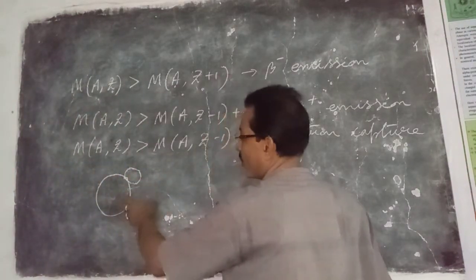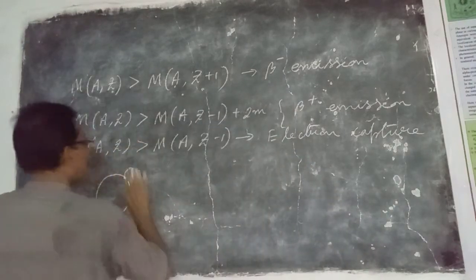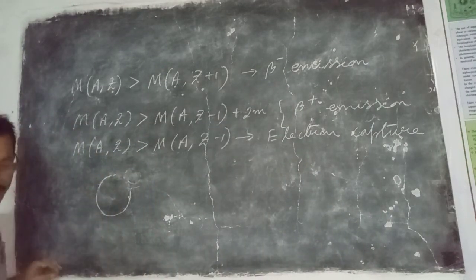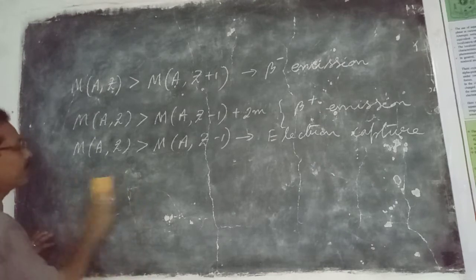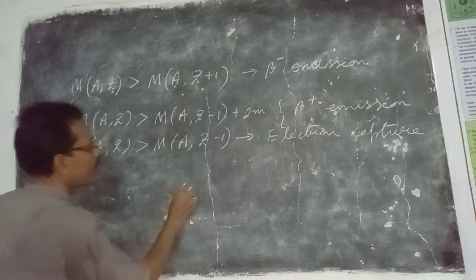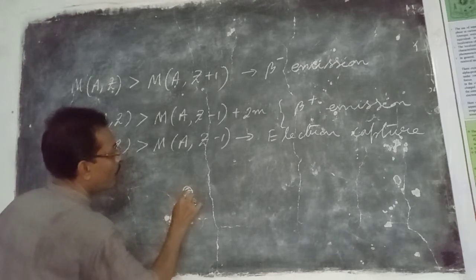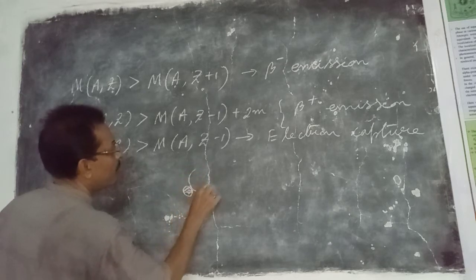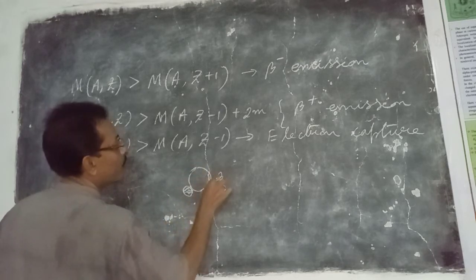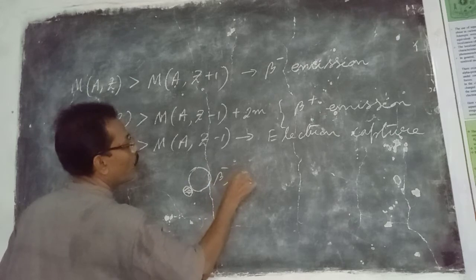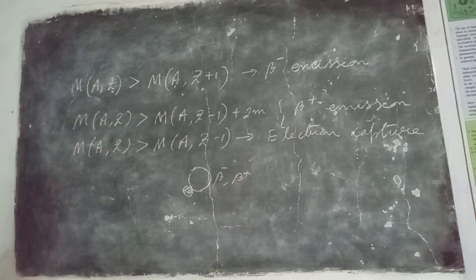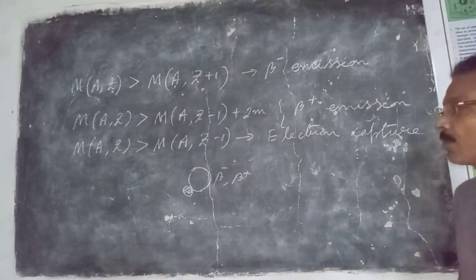Actually, one may picture it in this way, that this is the nucleus and this is your electron or positron. The electron and positrons are actually formed at the surface of the nucleus and they will come out.